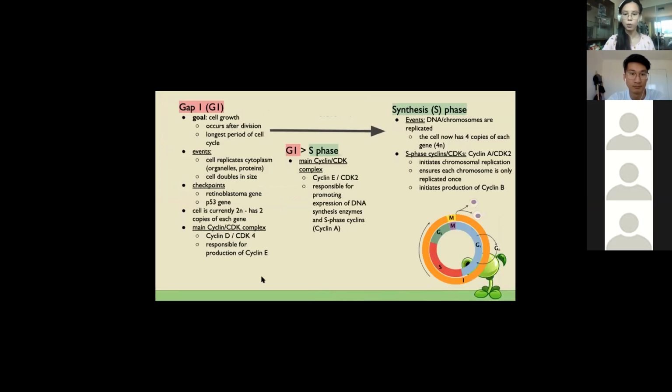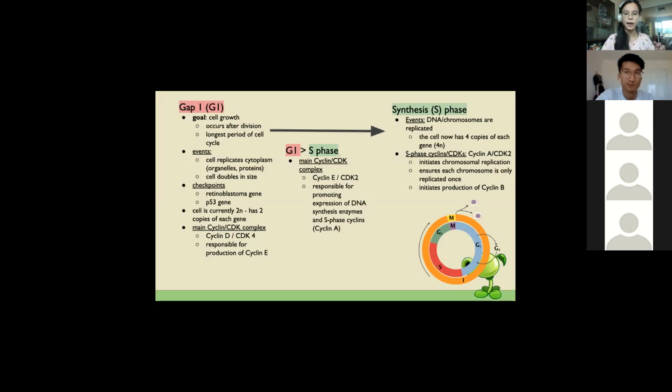So we've covered gap 1. In gap 1, the cell currently has 2 copies of each chromosome. So there will be 2 copies of chromosome 1, 2 copies of chromosome 2, and so on and so forth. In S phase, the DNA is replicated so that there are 4 copies of each gene, but still only 2 copies of each chromosome, if that makes sense.